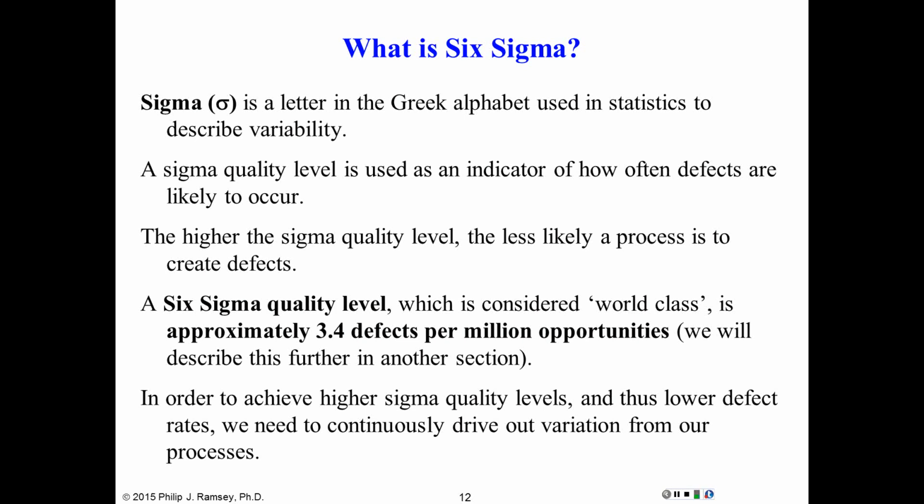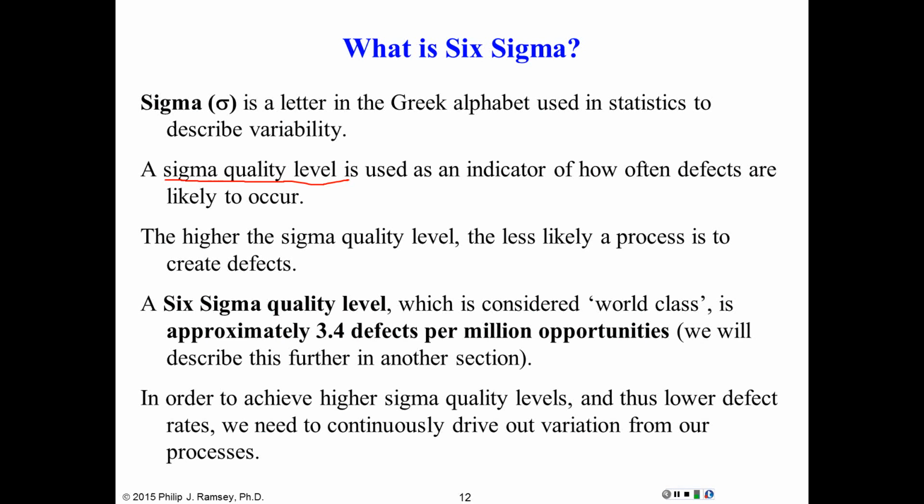And furthermore, at Motorola and some organizations, they developed what they called the Sigma quality level. I'm not going to use it to any extent this semester. At one time, people measured the quality of a process, which could be a product or a service, in terms of what they called the Sigma quality level.